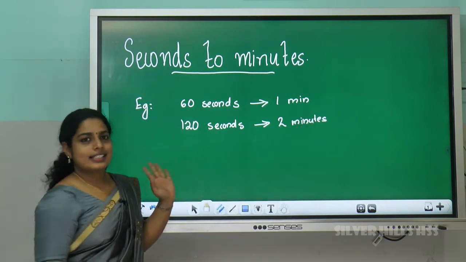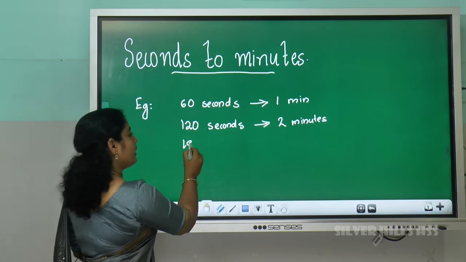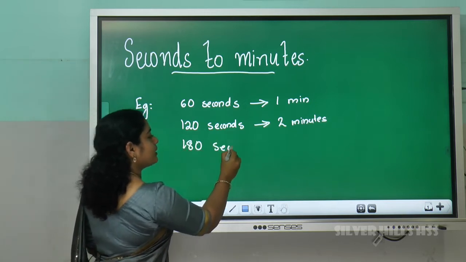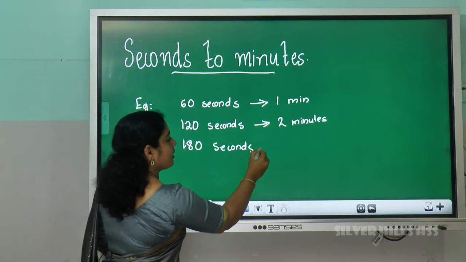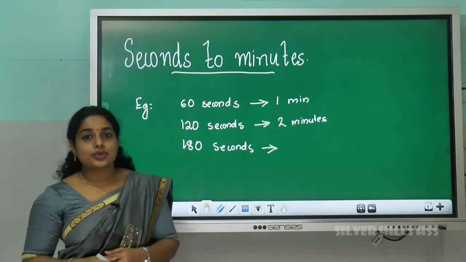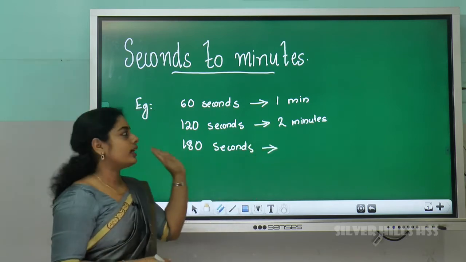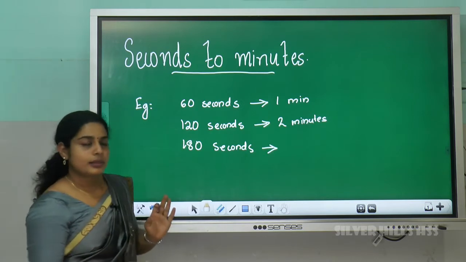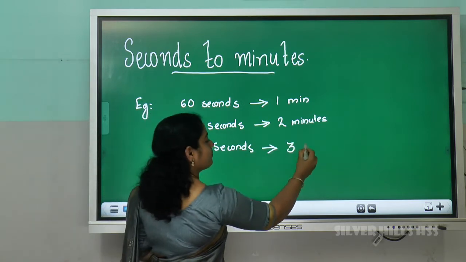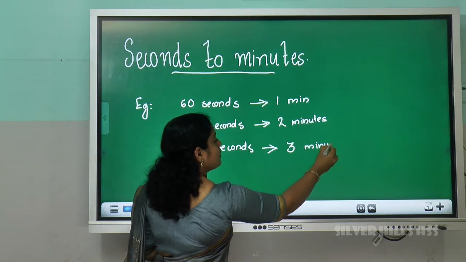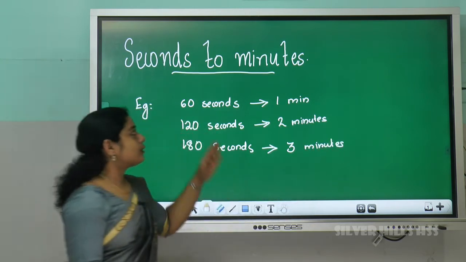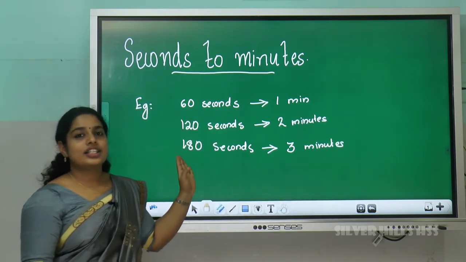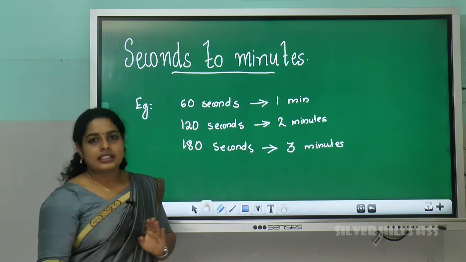Let us take the next multiple of 60, that is 180. If it is 180 seconds, we have 60 into 3 is 180. So, 180 seconds will be 3 minutes. So, when it is a multiple of 60, it is easy to find the minutes.